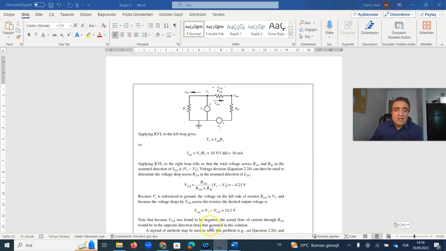Please note that because V234 was found to be negative, the actual flow of current through R234 would be in the opposite direction from that assumed in this solution.